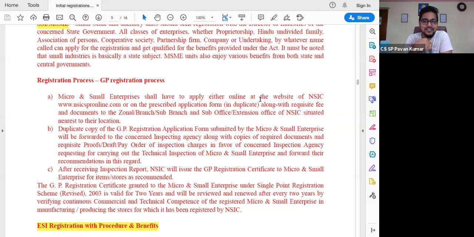See, trade license and shops and establishment are entirely different things. Trade license is a general term given to industries where each type of industry requires a different type of trade license. It is industry specific.